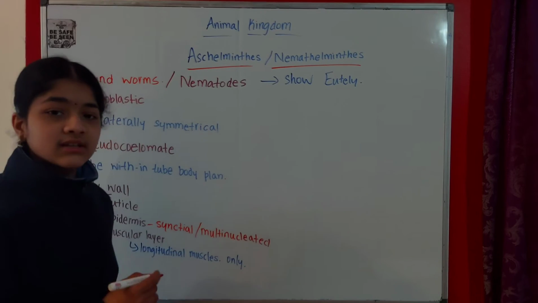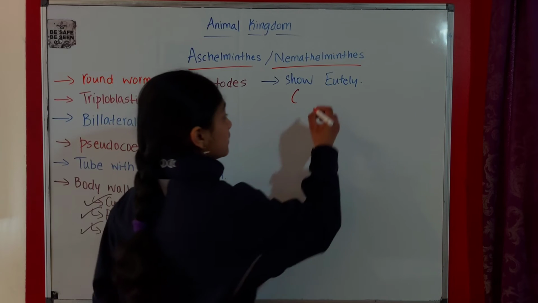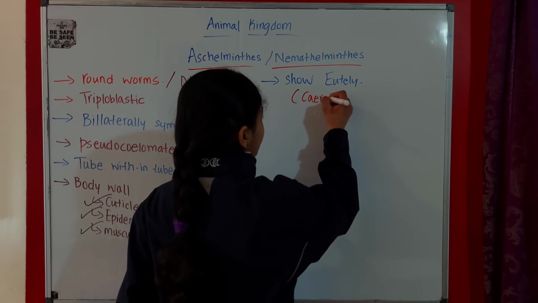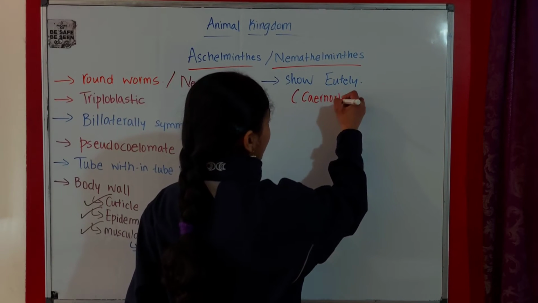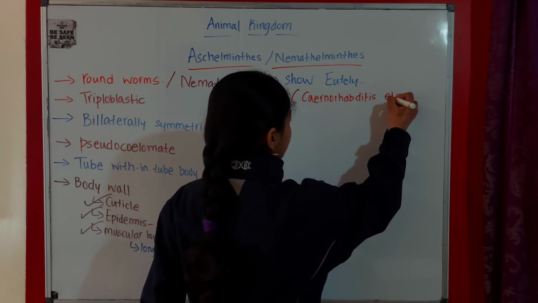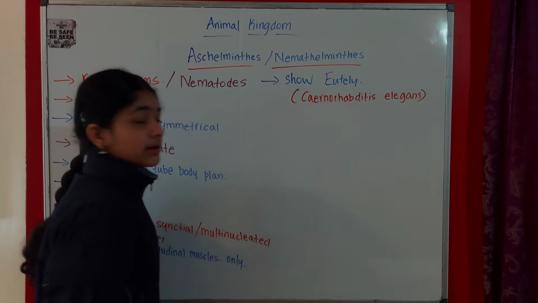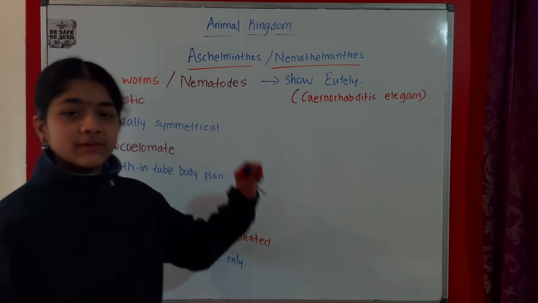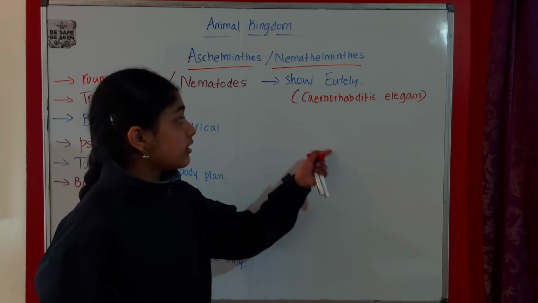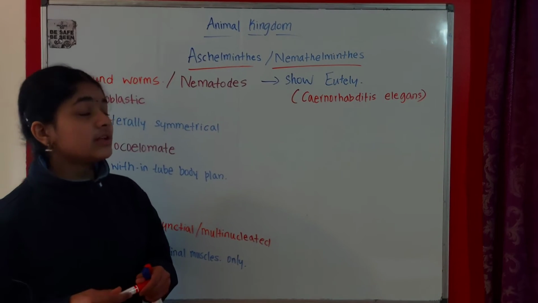Eutely was first discovered in a species of nematode, that is Caenorhabditis elegans. This is the first nematode species where eutely was discovered.